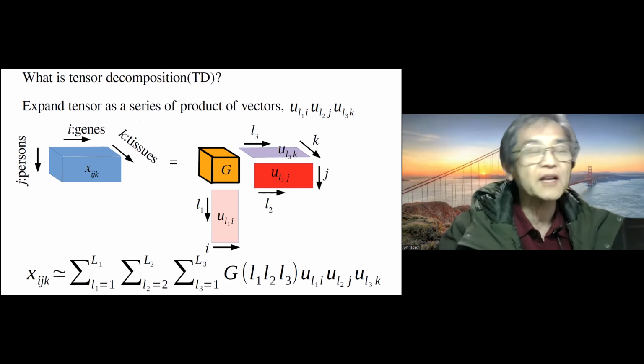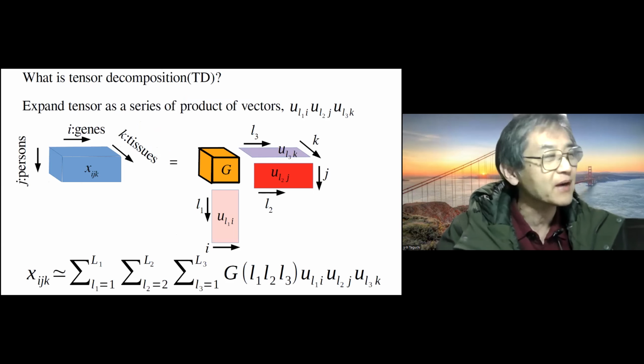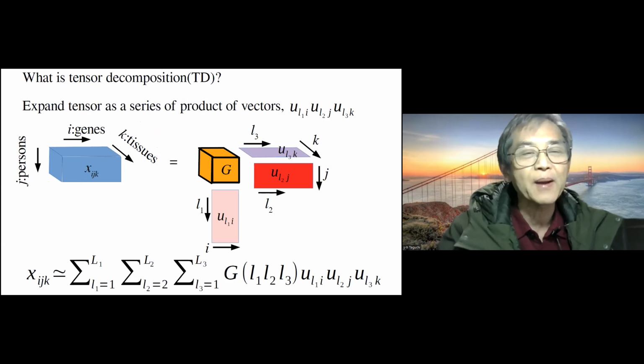Tensor decomposition is a mathematical trick to expand this tensor into products of vectors. This is the mathematical formulation of tensor decomposition, illustrated in this figure. Z is a core tensor, the representative weight of each product of vectors. The vectors are for genes, persons and tissues.